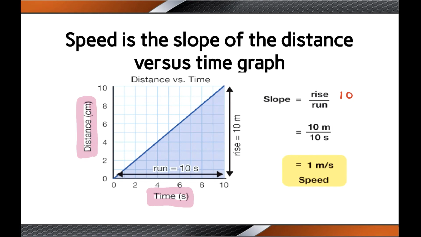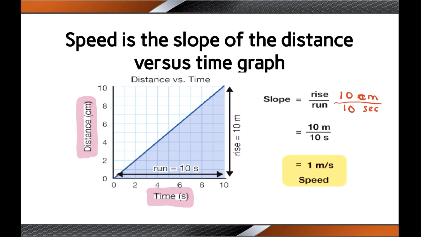If we put the unit on here of centimeters, and then the run of this was 10, and if we put the label for the unit on there, that was seconds. Now what do we end up with? We end up with a speed. We don't just end up with a slope, we end up with a speed. Notice I didn't say velocity because there's no direction here. So we know what the speed is.